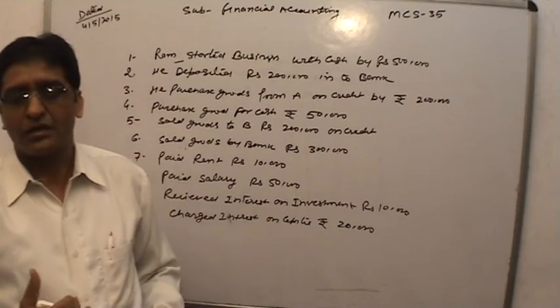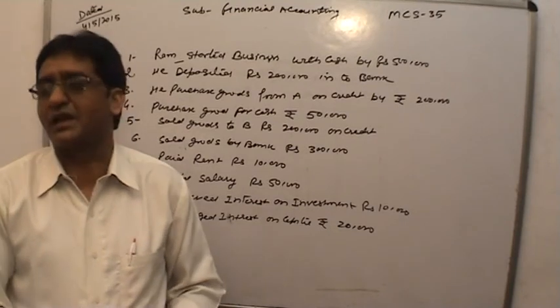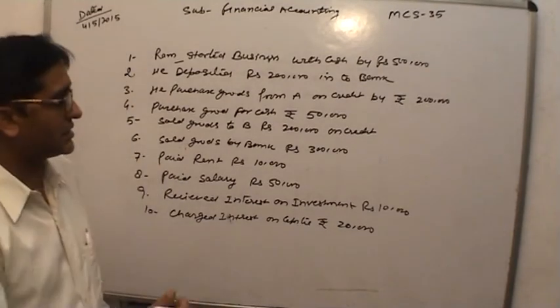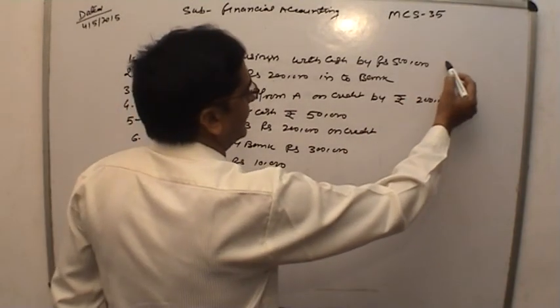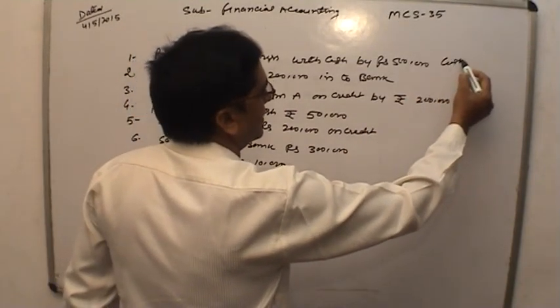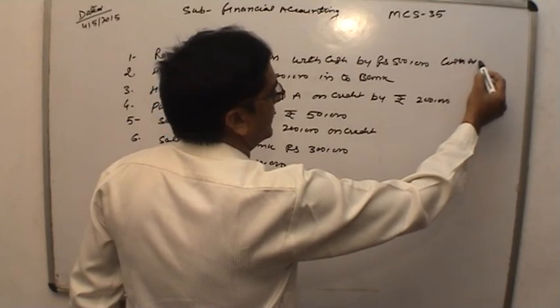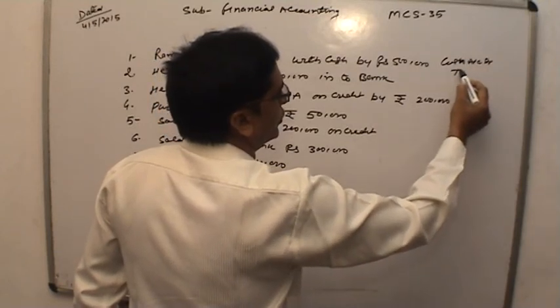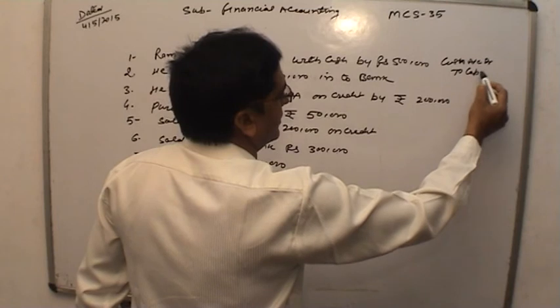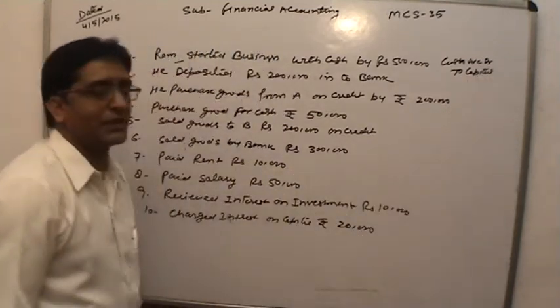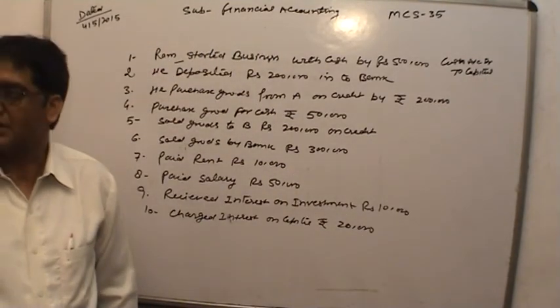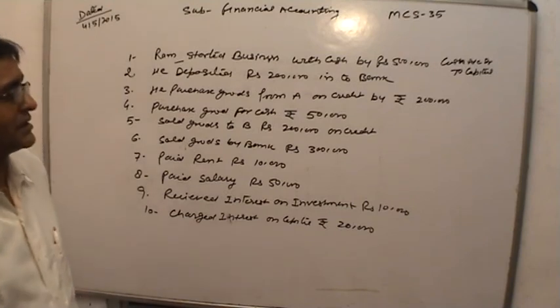Therefore, you have received the cash, so cash account debit. The basic entry is cash account debit to capital, because we use capital in place of owner, by rupees 5 lakhs.